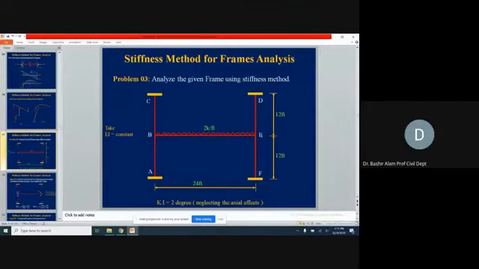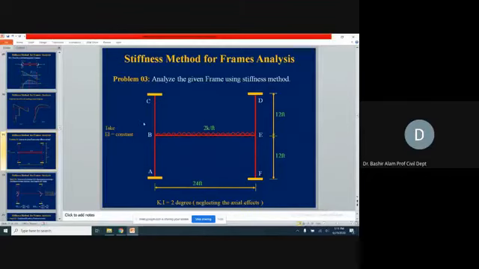And similarly at joint E, again 3 members are connected, so 3 members will be contributing. Similarly, for the generation of the stiffness matrix, the 3 members are also contributing. They are connected at the joints.